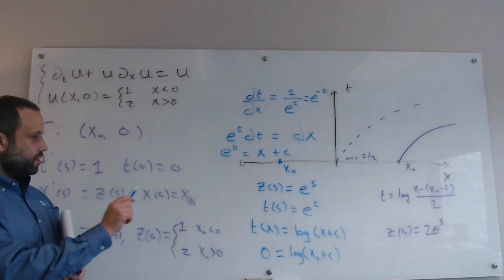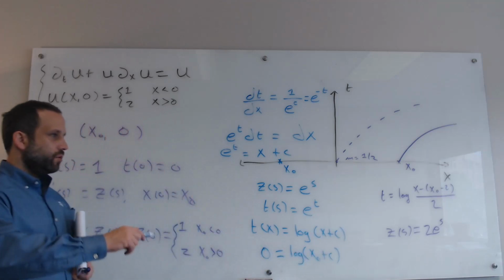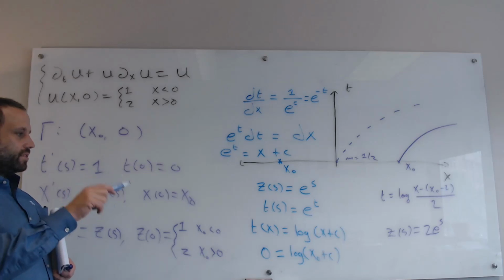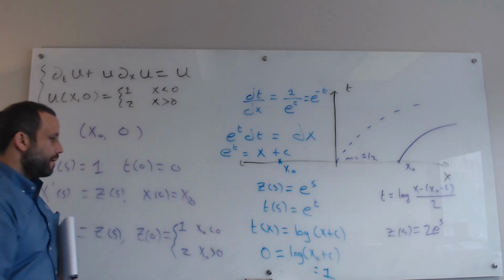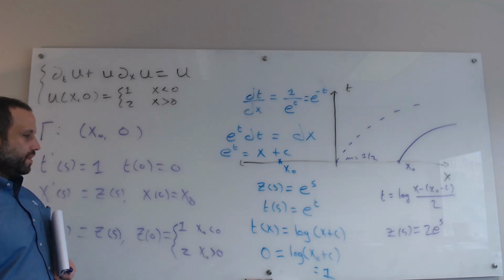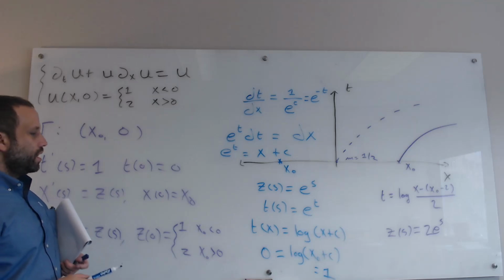Okay, so if 0 is equal to log of x naught plus c, this means x naught plus c is equal to 1, so the argument to log has to be equal to 1. So c is equal to 1 minus x naught.